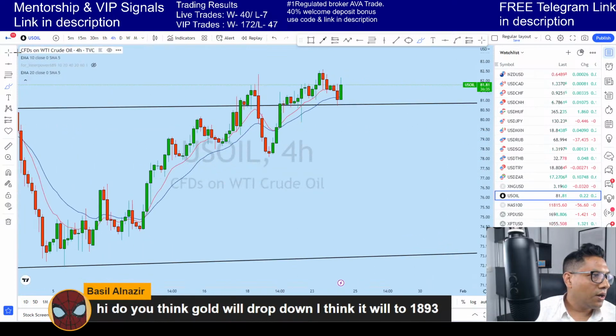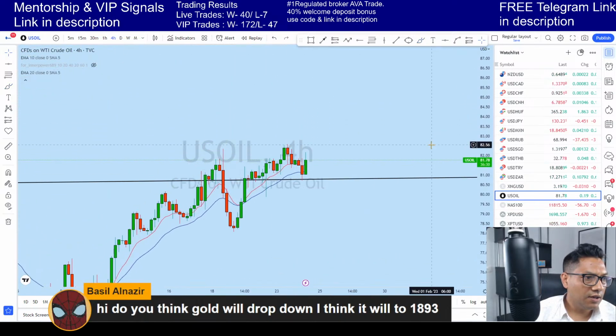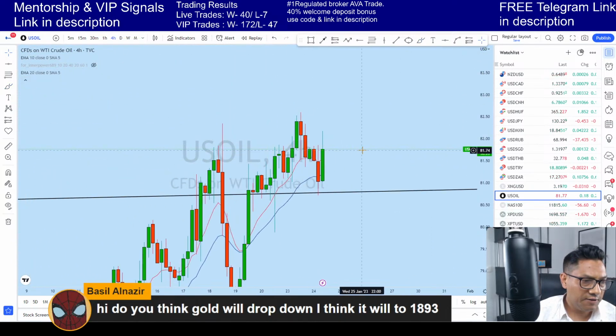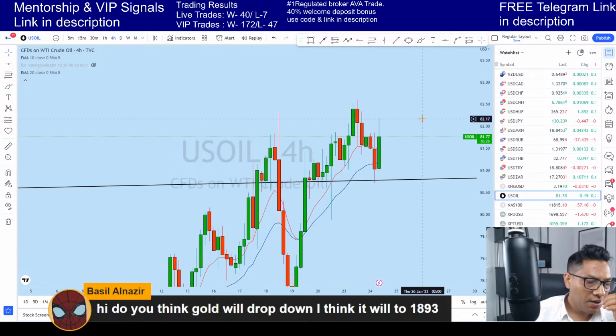Okay, US oil, guys. You can see the price is creating a bullish engulfer.